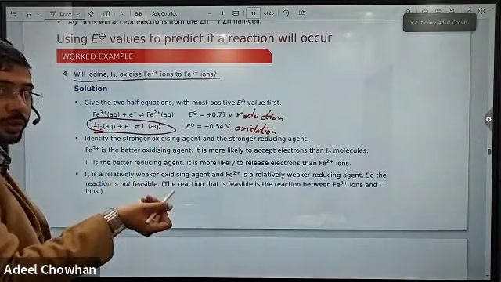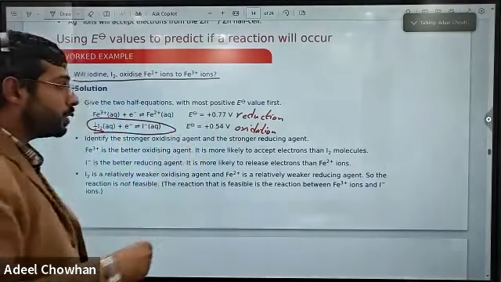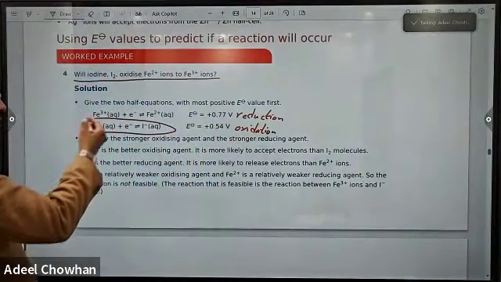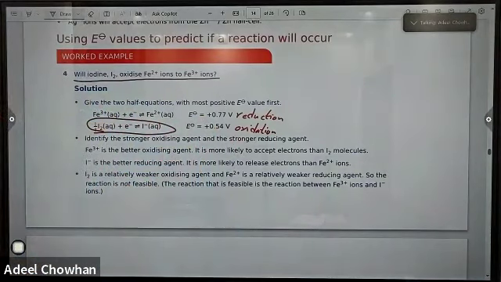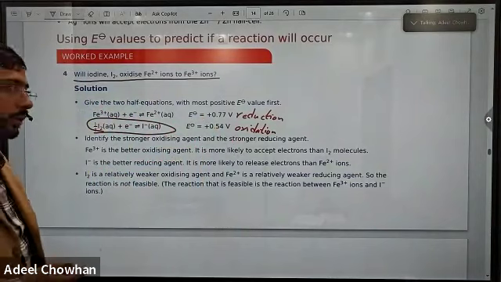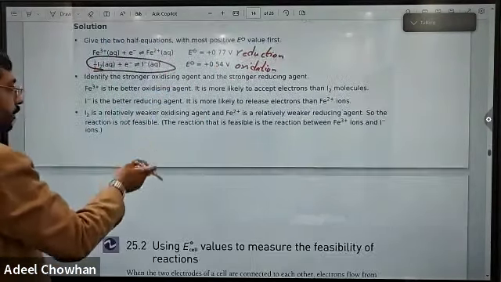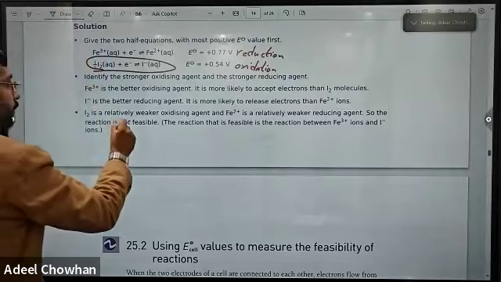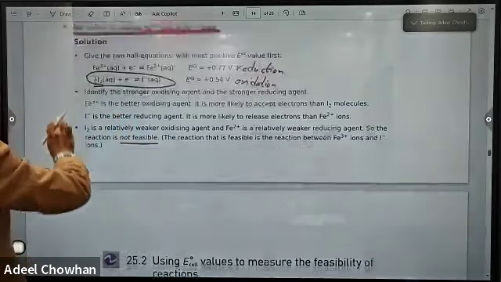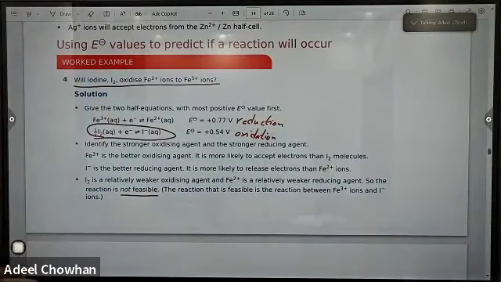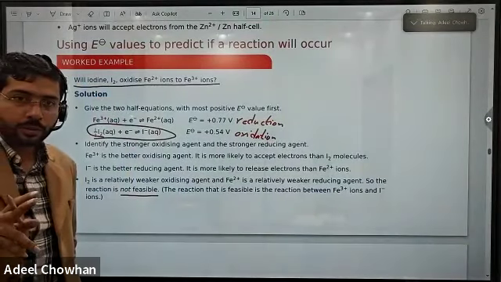It is not being oxidized. It is showing reduction. So that's the reason we say that it will not oxidize the iron 2 plus ions into iron 3 plus ions. Very good. So this reaction is not feasible. We were looking for the feasibility of the reaction. We use the word feasible.